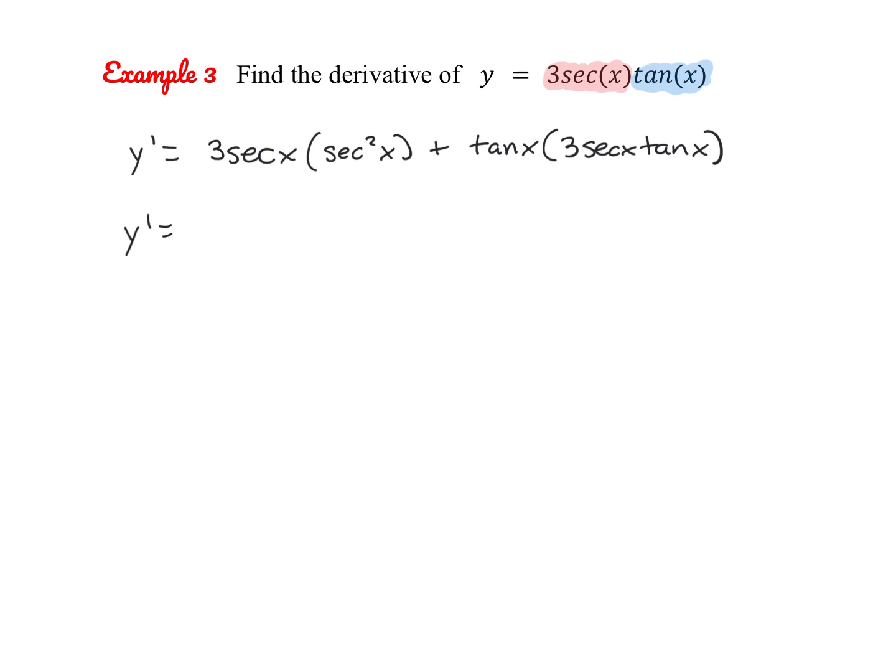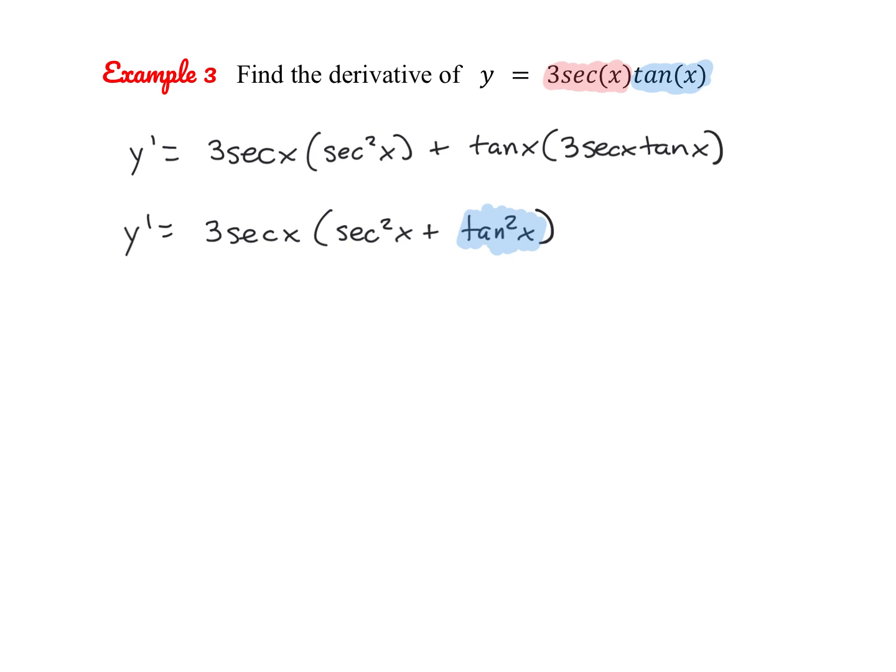So one thing you might notice is that the two terms share a common factor of 3 secant of x. So we can actually factor that out if we would like to. And we're left with secant squared of x plus tangent squared of x. And then just to help us simplify a little more, it's always useful if we can create an expression with all the same trig function.